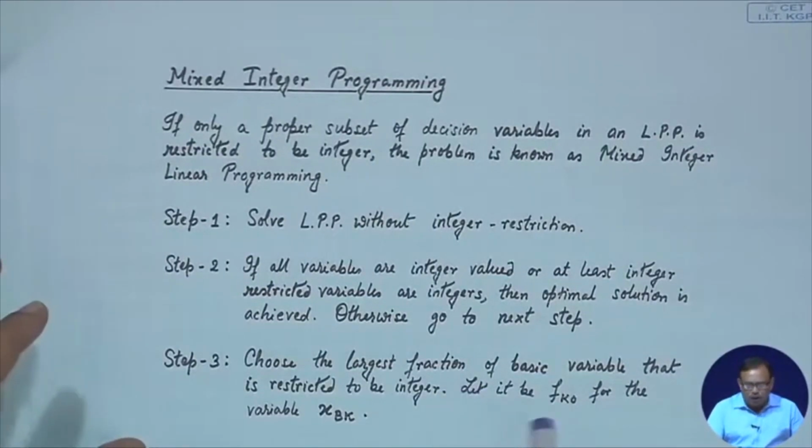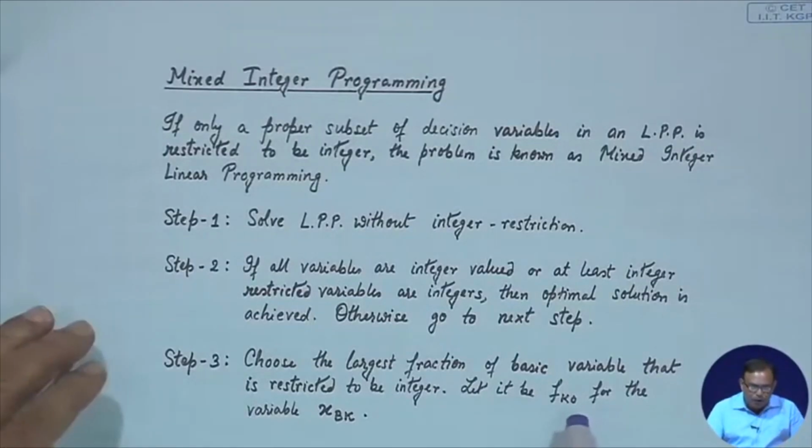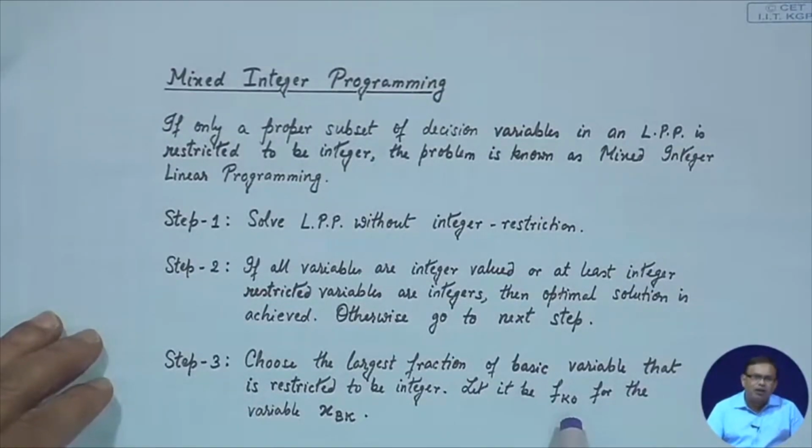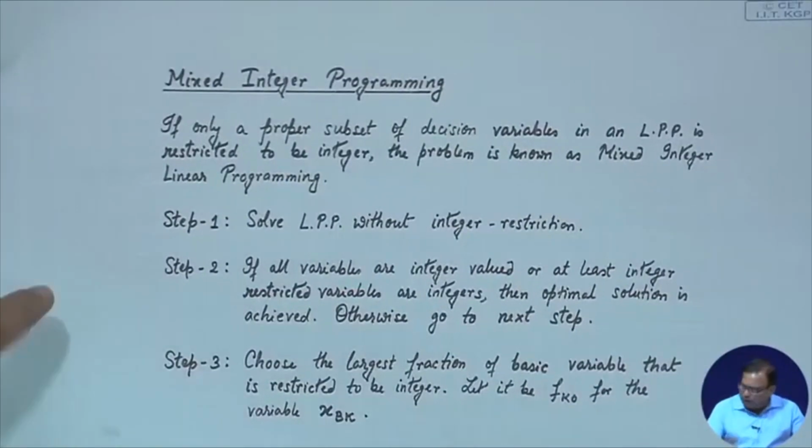So, we assume that f k 0 is the largest fractional part, and the corresponding basic variable is x b k.